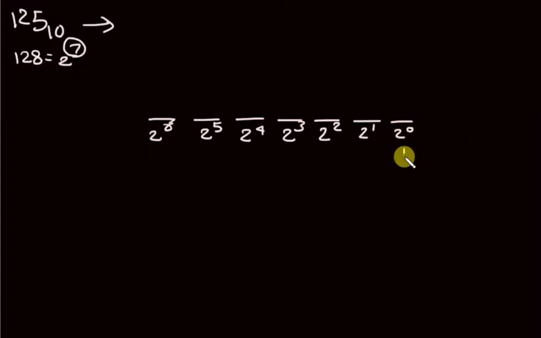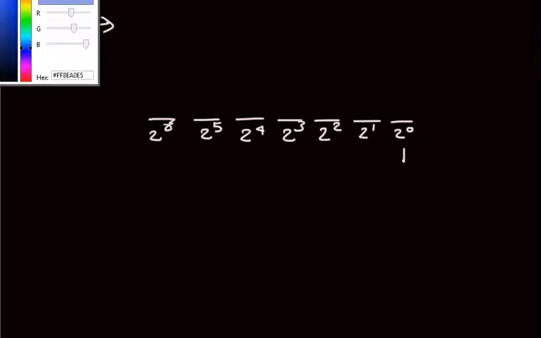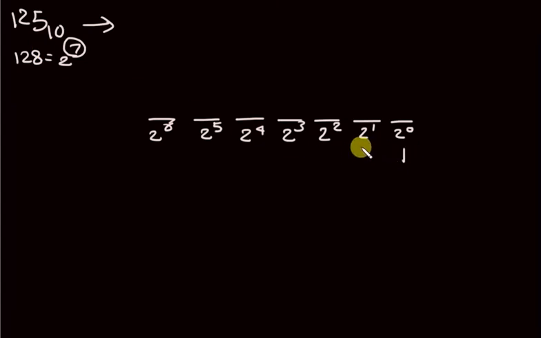So 2 to the power of 0 is 1. 2 to the power of 1 is 2. 2 to the power of 2 is 4. 2 to the power of 3 is 8. 2 to the power of 4 is 16. 2 to the power of 5 is 32. And this is 64.